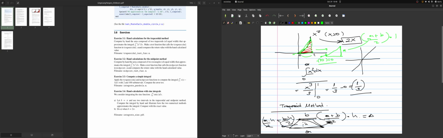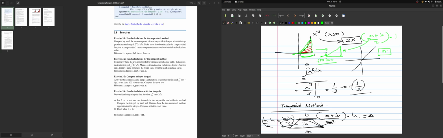So if you check that with just one unit step, this is n, which is the number of the intervals of the trapezoid.